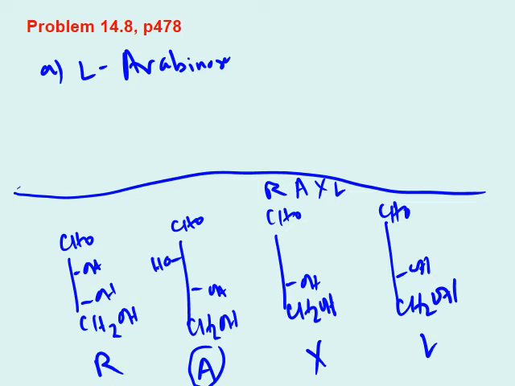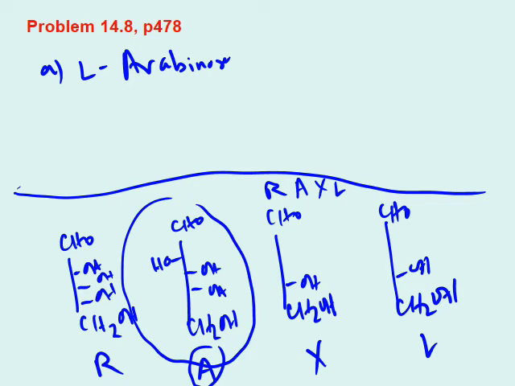Remember, there'll be 3 chirality centers, so I have one more left here. It'll be 2 right and 2 left. As soon as I get 2 right, I've already reached arabinose. So this is arabinose, the D-arabinose structure. Let's write down D-arabinose first, and then we're going to get the mirror image of that.